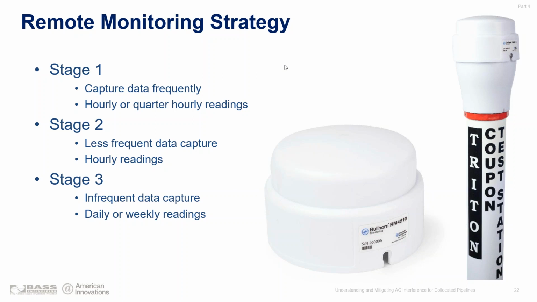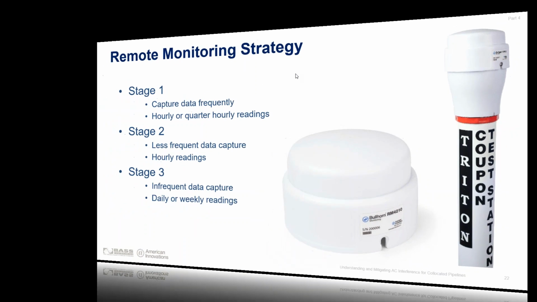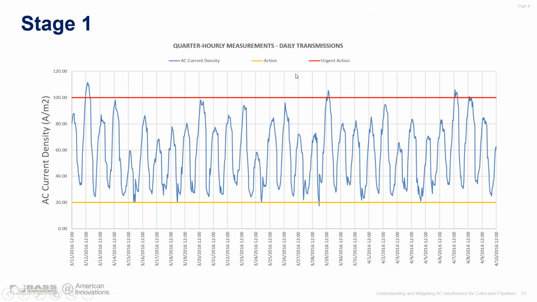So let's look at an example of what a monitoring strategy like this looks like. In this example, you have the red line denoting the urgent action threshold above 100 amps per meter squared, which means that you definitely need to take action. You have that gold line at 20 amps per meter squared, which says, okay, this is where I have to keep an eye on things.